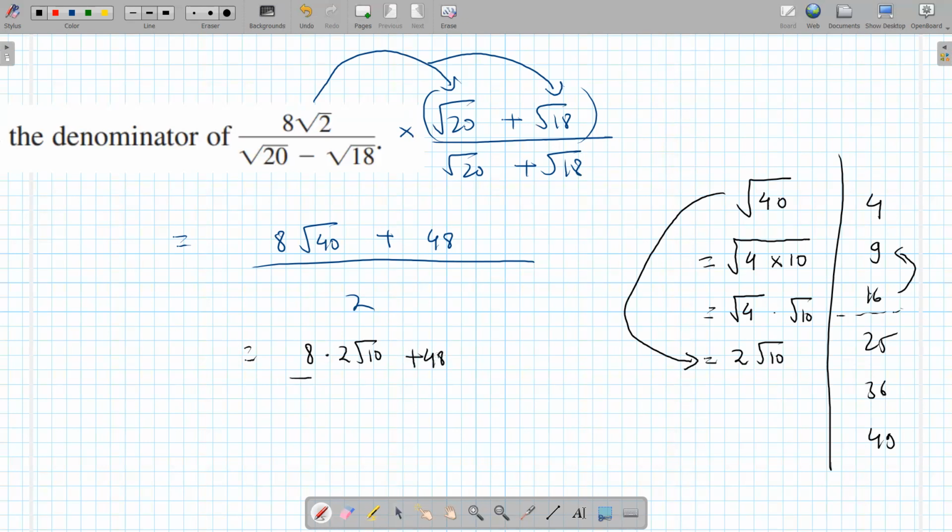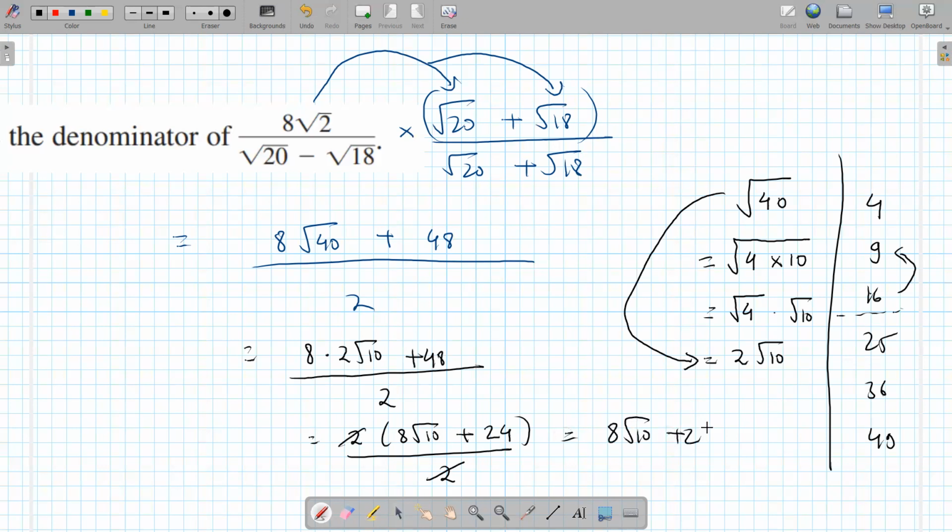Plus 48 divided by 2. For the final step, you can pull out a 2 from everything. So you're left with 2 times (8 root 10 plus 24) over 2. Can we cancel out the 2s? Yes, and the final answer will be this.